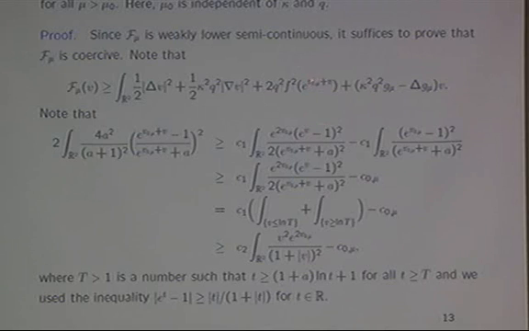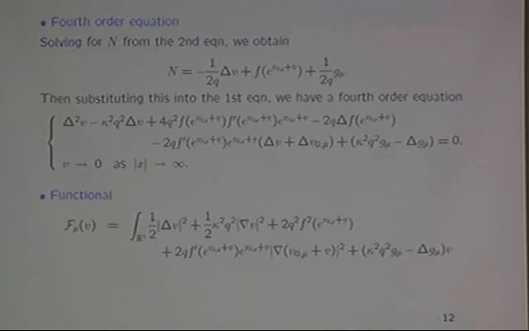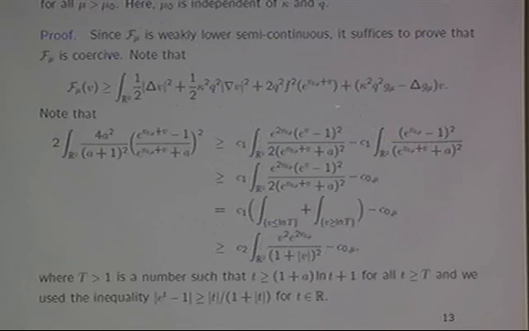But e to the v0 vanishes at the vortex points p0. So from this term, we cannot extract the L2 norm of v directly.